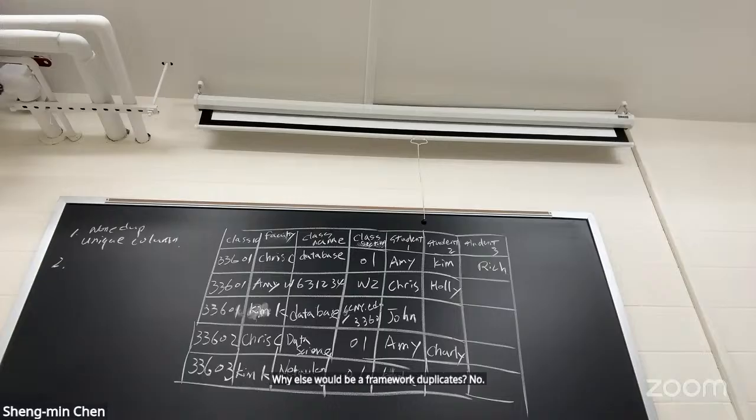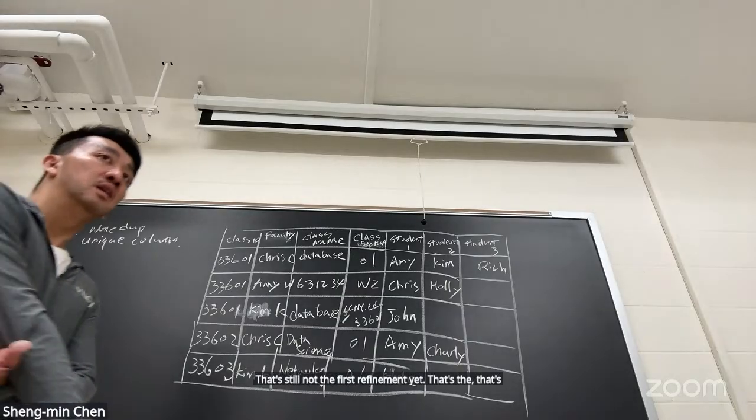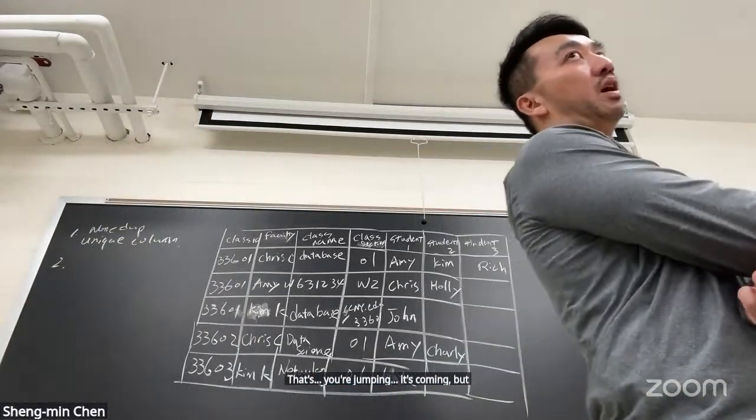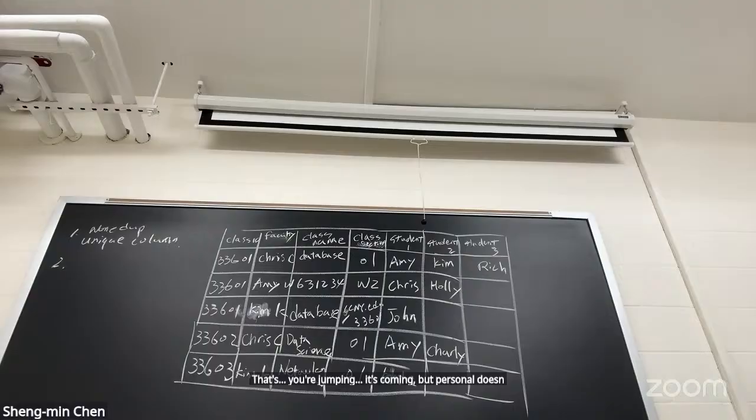No, that's not it. In first normal form, there's no primary key requirement yet. I thought you can't have duplicates on the same rows. That's still not the first requirement yet. You're jumping ahead, it's coming, but first normal form doesn't have that. Yeah, it can be like a mix of domains. Mixed-up domains, yeah.